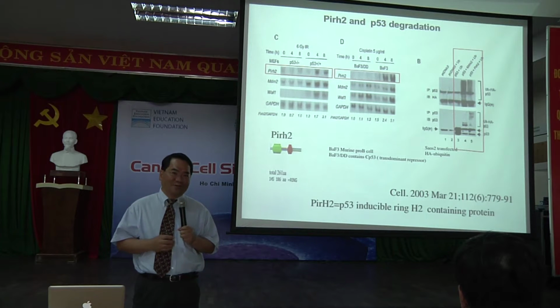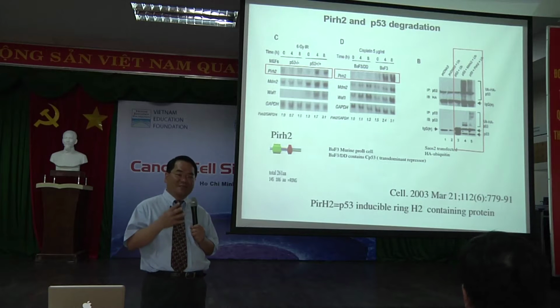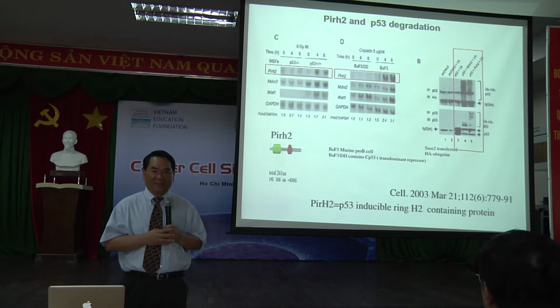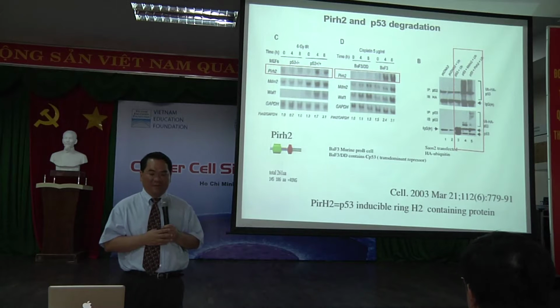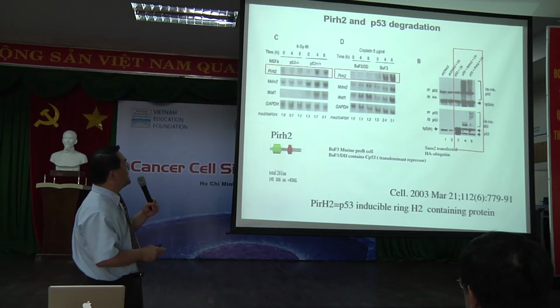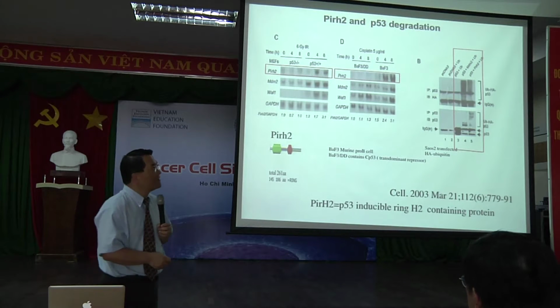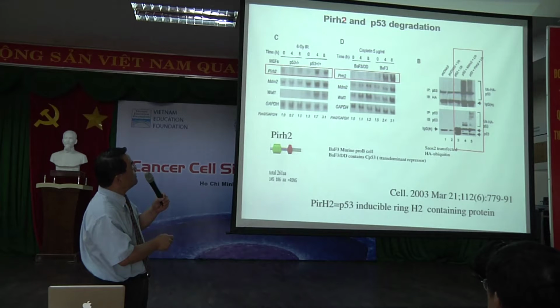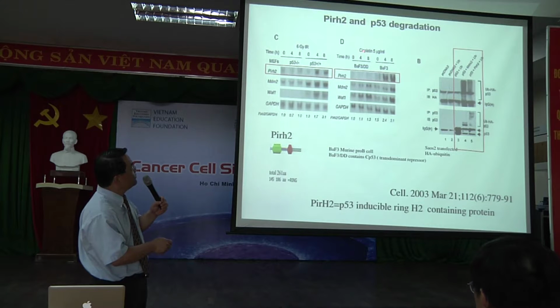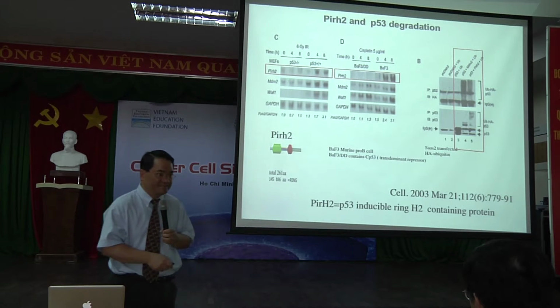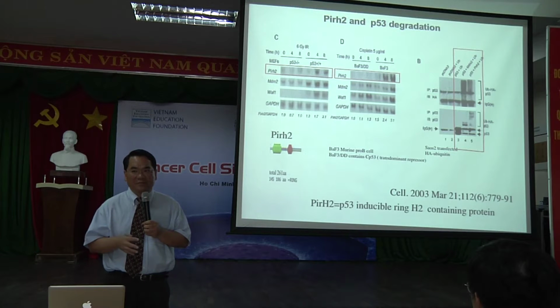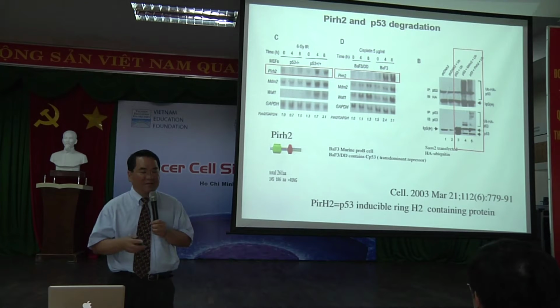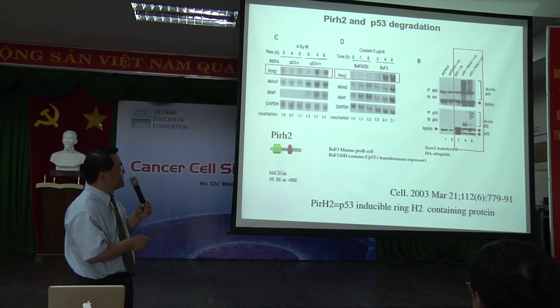P53 is such an important tumor suppressor gene. Cancer could come out with several important deregulations of E3 ligases of P53. This is another one, a P53 E3 ligase called PIRH2, which stands for P53-inducible ring-containing 2 protein. It was induced by P53 because, based on the study here, if you treat the cell with cisplatin, a DNA damaging agent, usually it causes P53 elevation. P53 got elevated because of the DNA damage.